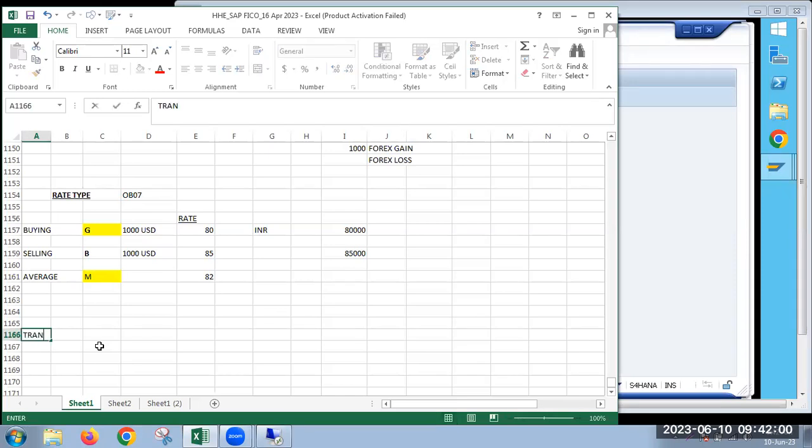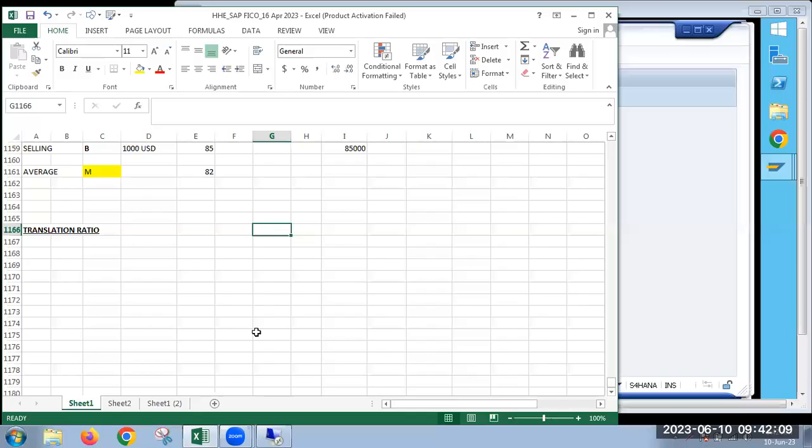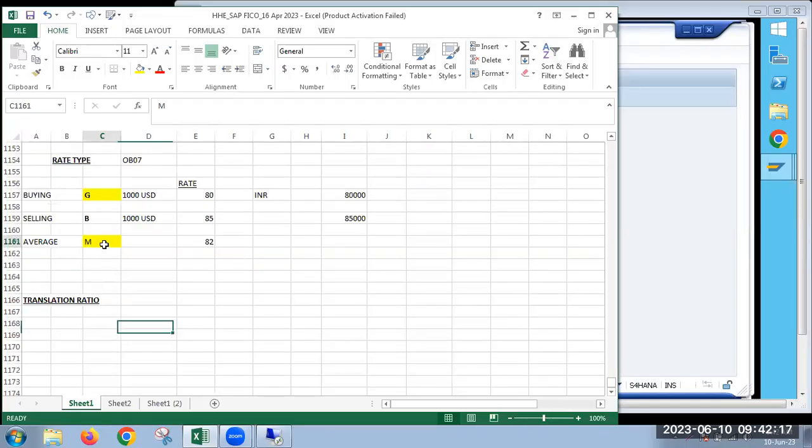translation ratio. What is the translation ratio? Here we specify the relation between the currencies. For example, let's take the rate type M, where the rate is 82.